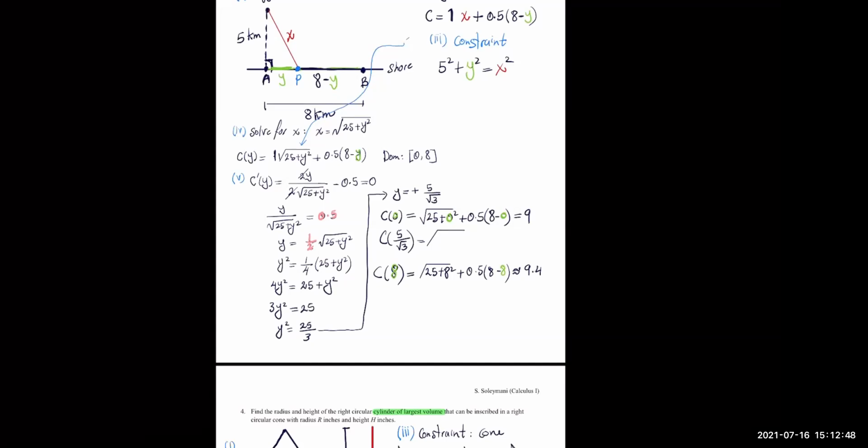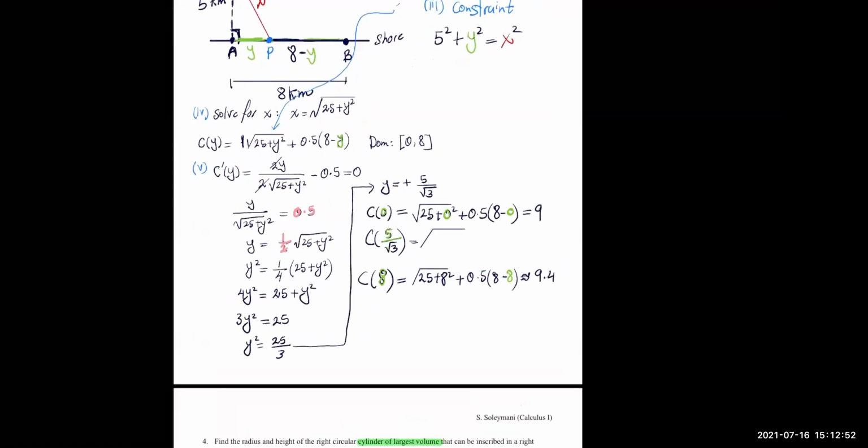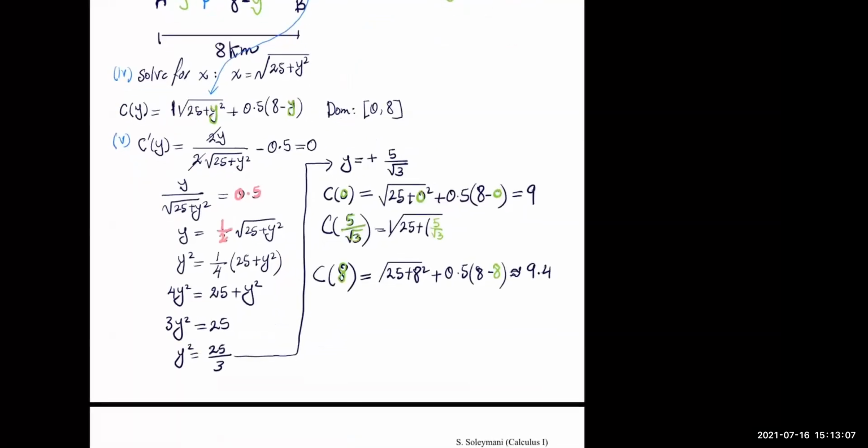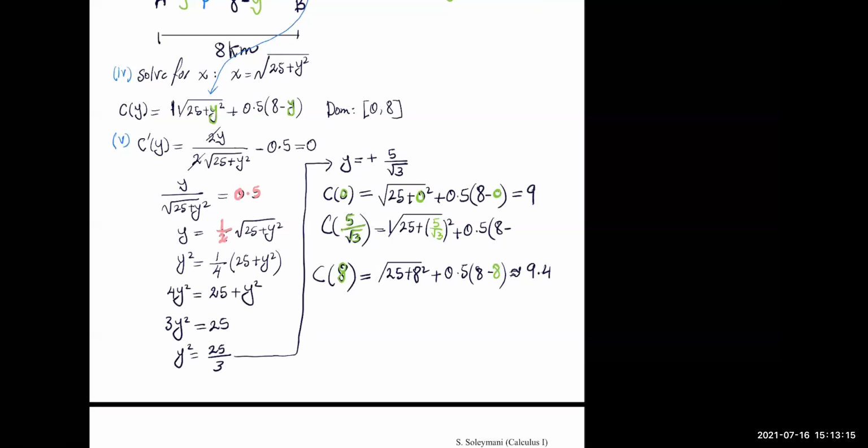Okay, so plug 5 over square root 3 into, again, the objective function. You get 20 square root of 25 plus 5 over root 3 squared, plus 0.5 times 8 minus 5 over root 3.